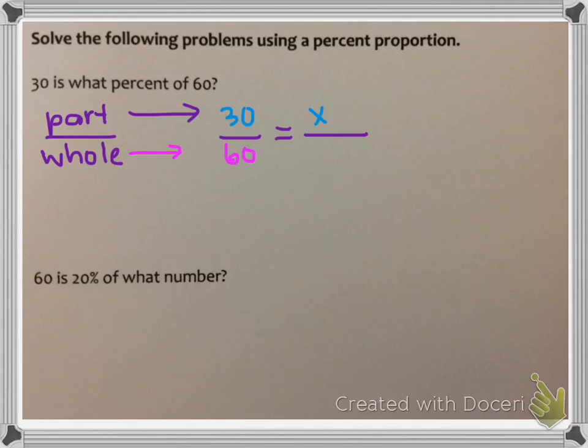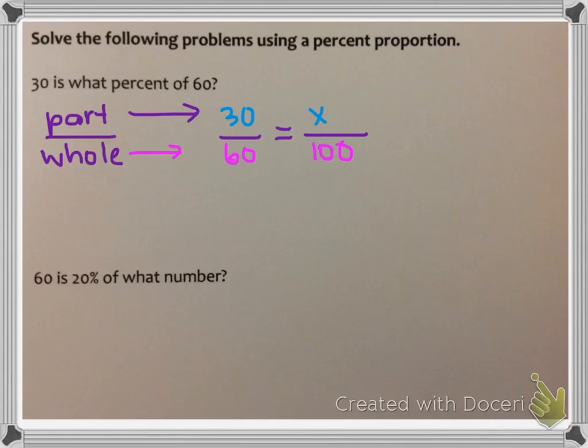Well, percents are always out of 100, so the whole here is going to be 100. I now have a percent proportion that I can solve to find X, which is the percent. So the first thing we need to do when we have a proportion that we need to solve is simplify if we can. And I know that I can simplify this fraction right here.